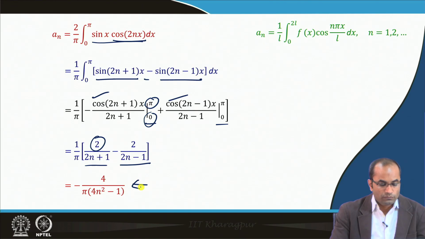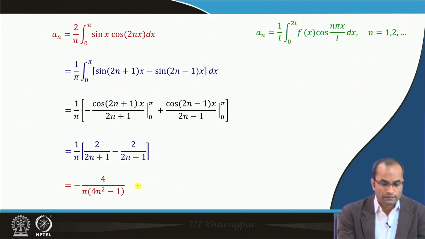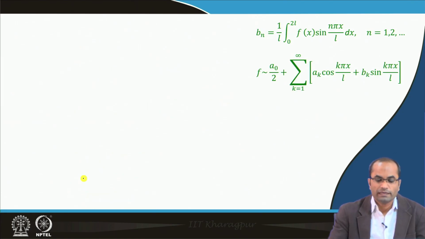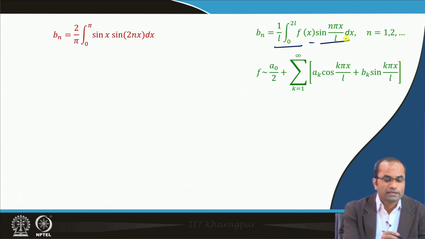Well, so what we will get now? This is the coefficient for a n, and n is 1, 2, 3. So, we got the value already. For b n, again we have a similar result, 1 over L, f(x), and then we have the sine here for b n. So, we can compute now.